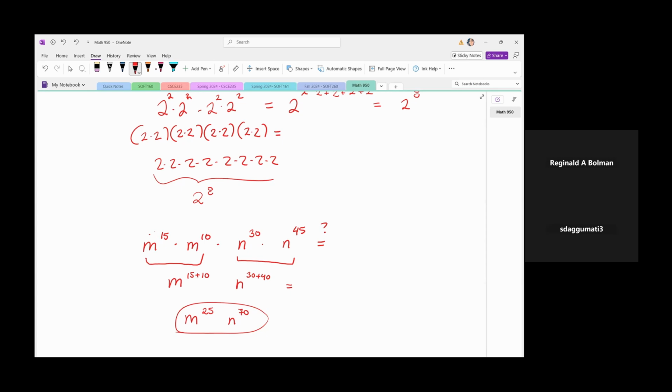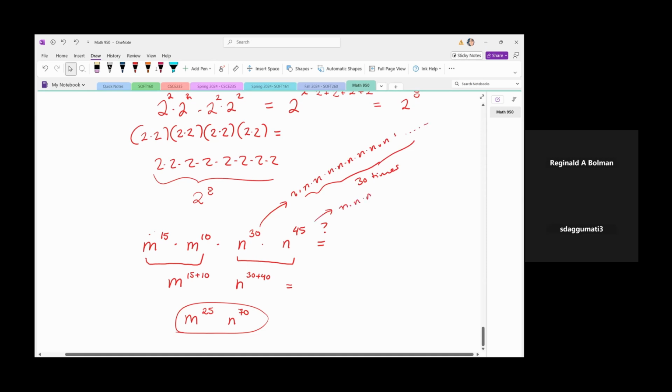Now, it would be very difficult for a student to actually expand out this expression. You'd have to sit here writing n 30 times. And then here you'd have to write another n 45 times.